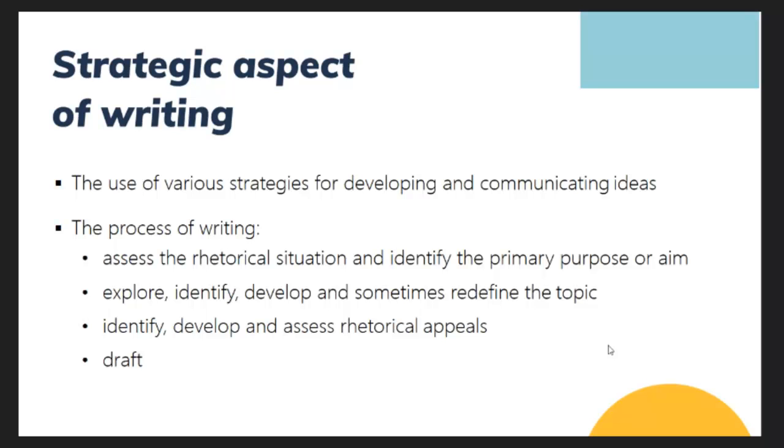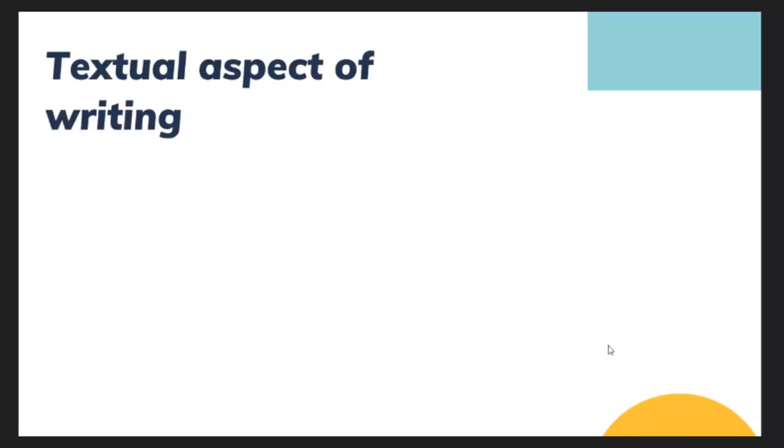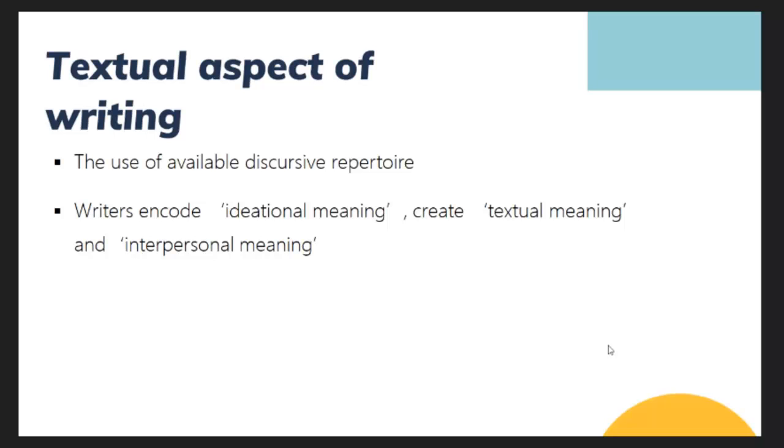So we move to the materialization of the two aspects, that is the textual aspect of writing. It refers to the use of the available discursive repertoire in the process of writing.